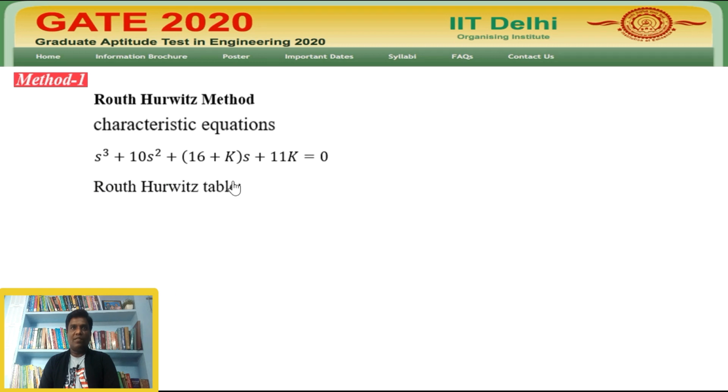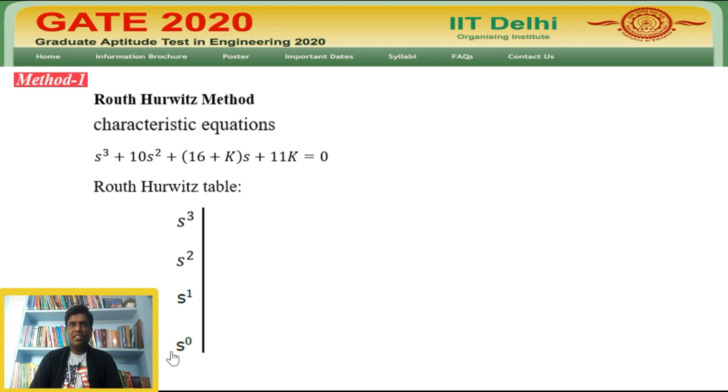According to the Routh-Hurwitz method, by using the order of the s powers in the characteristic equation, we can formulate the first column in this manner. This column is based on the availability of the s power terms in the characteristic equation. Next, we fill the s^3 row with the coefficients of the odd power s terms, which are s^3 and s^1. The s^3 coefficient is 1 and the s^1 coefficient is 16 + K.